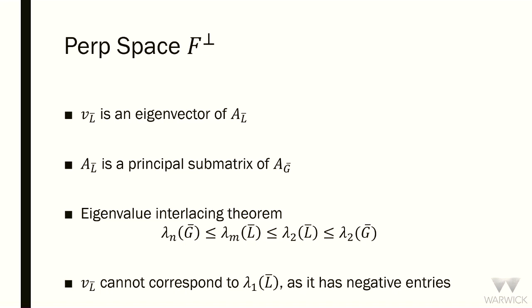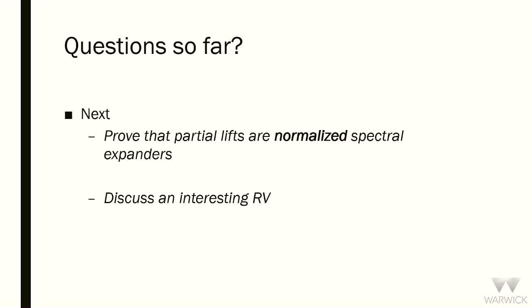This way we managed to bound all the eigenvalues of the adjacency matrix of the partial lift. And this concludes the first part, the spectral expansion of the adjacency matrix of the partial lift. What we have left is to talk about the normalized spectral expansion. And this discussion will lead us to an interesting random variable, which I'll describe later. Any questions so far?